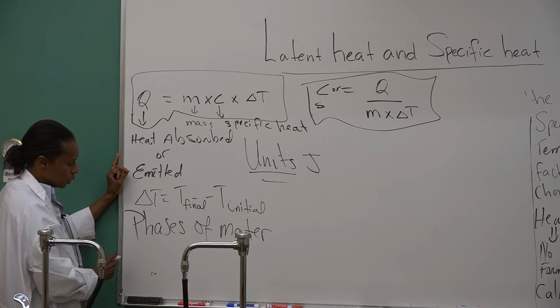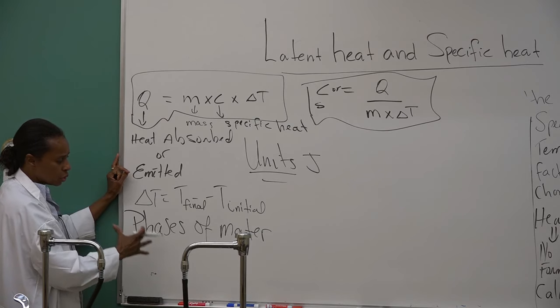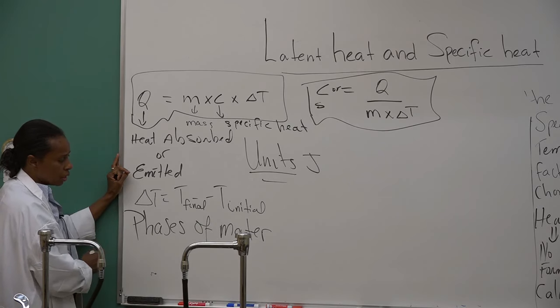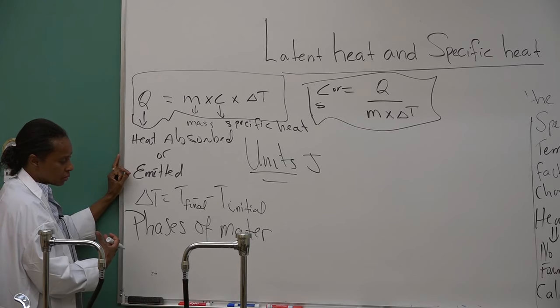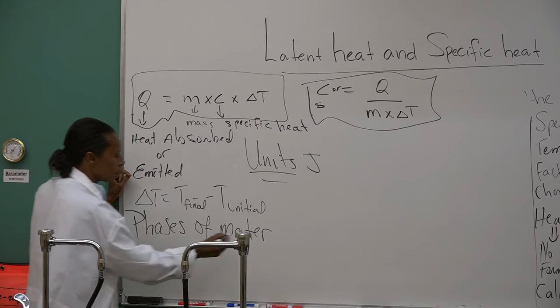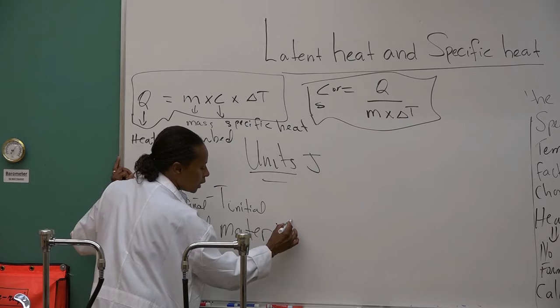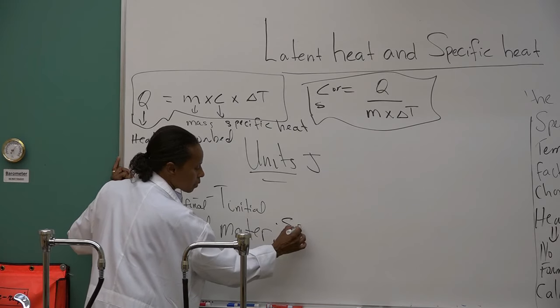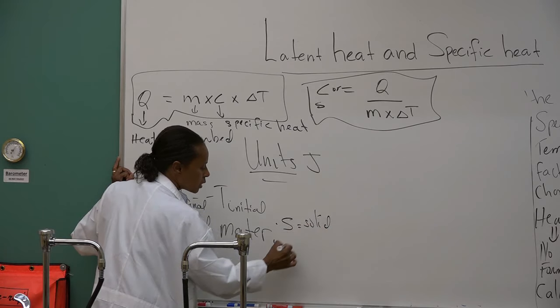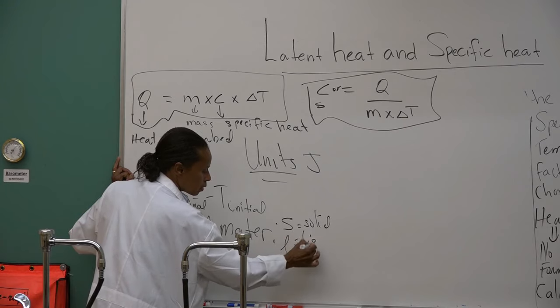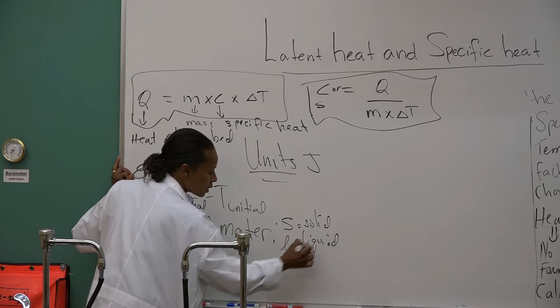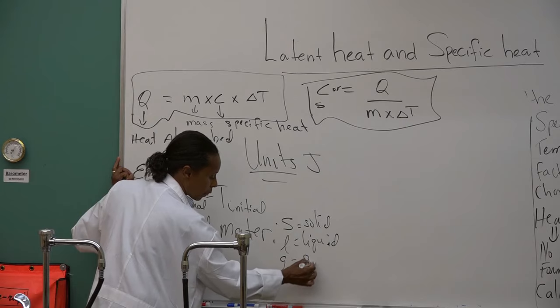What we're going to do here is look at how a substance can be transformed into different phases, meaning a substance in a solid phase, a substance in the liquid phase, a substance in the gas phase.